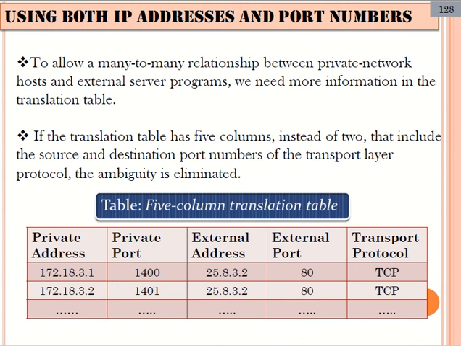So if the translation table has 5 columns instead of only 2, that is, earlier we had only the private address, port, as well as the external address, now we are going to maintain 5 different data. One is the private address, second is the private port, next is the external address, next is the external port, and the last one is the transport protocol.